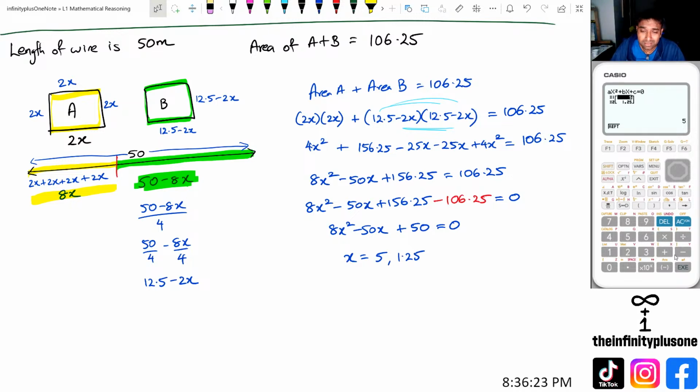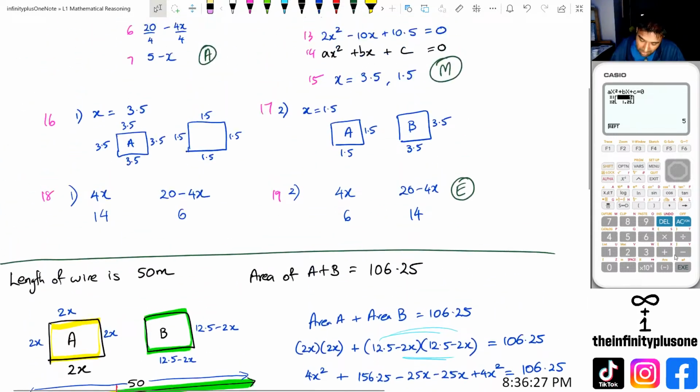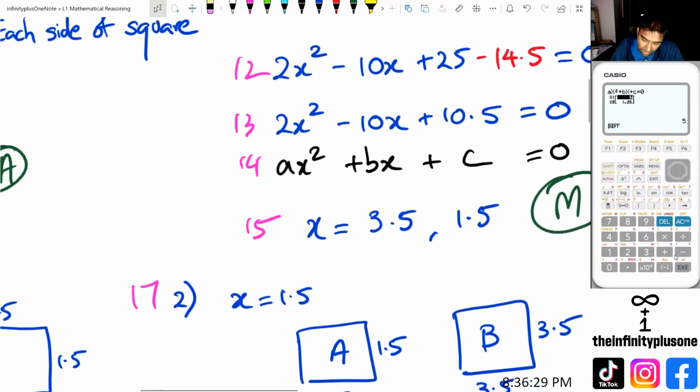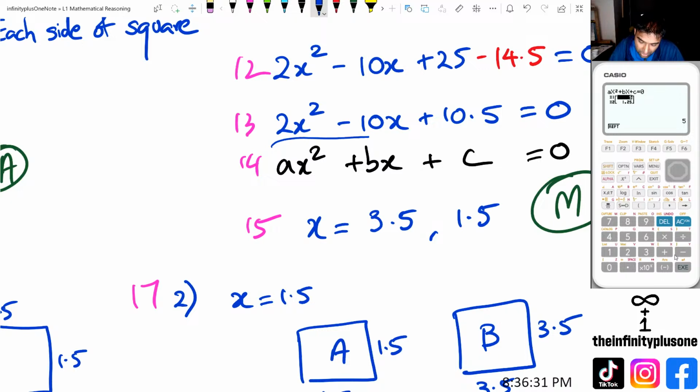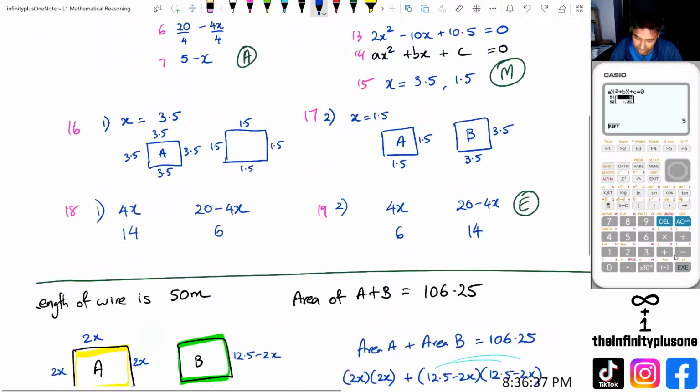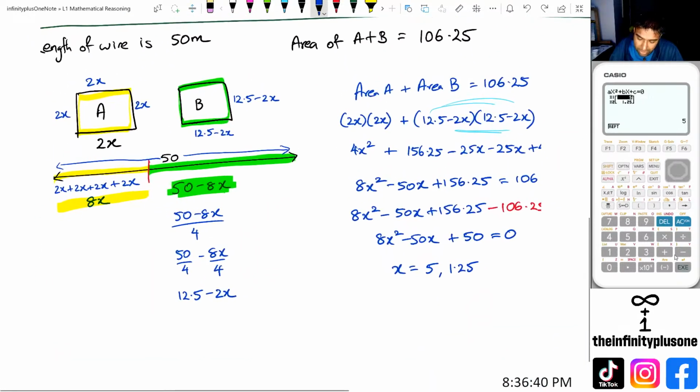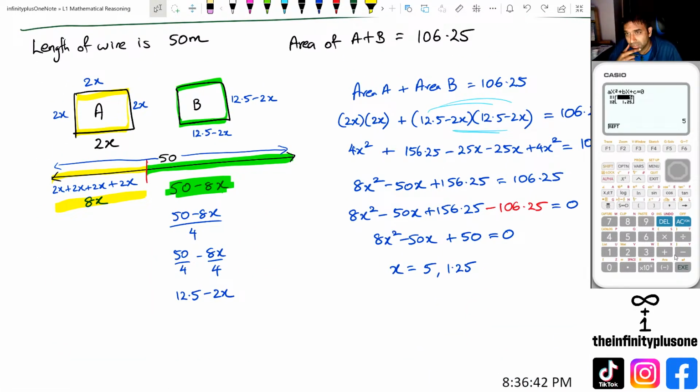This equation, yes, you can do it manually. But if you look at the previous equation, you've got 2x squared minus 10x plus 10.5. You've got to double it and then do some manipulation. So I would say it should be okay to use the graphics calculator. Now we've got x equals 5 and 1.25.